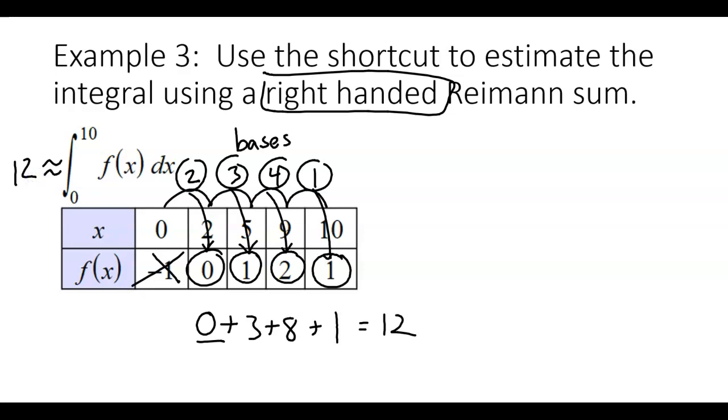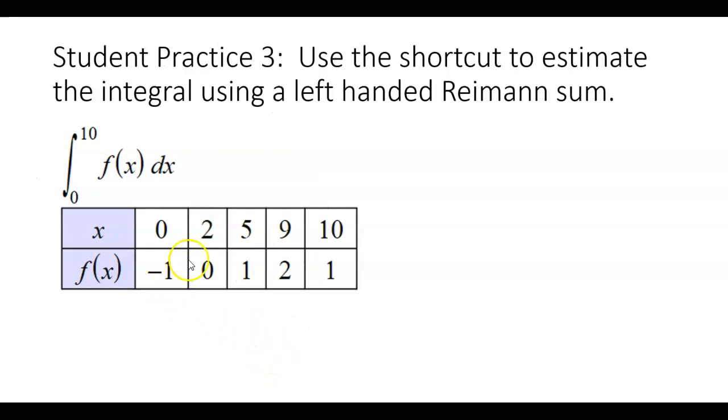So let me let you guys try practicing one of these shortcut methods where you don't have to draw the graph. So pause the video here and give this problem a try, but I do want you guys to notice that we're doing a left-handed sum. So your heights are going to start here. These are your heights. And you're not going to use the last one on the right. That's the only difference.